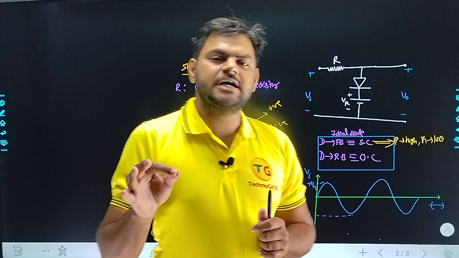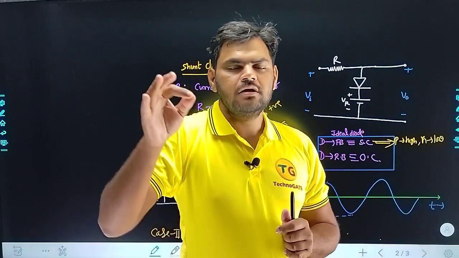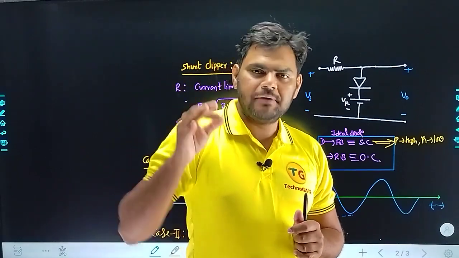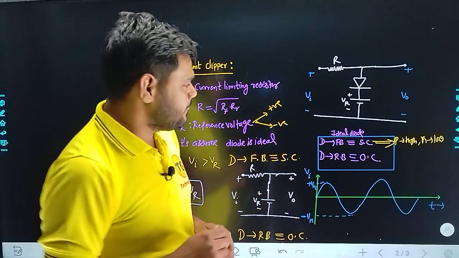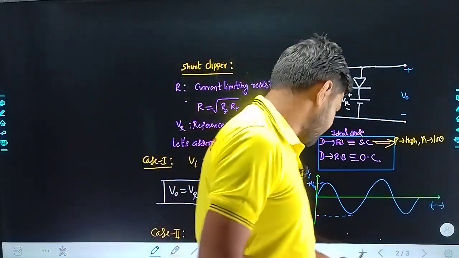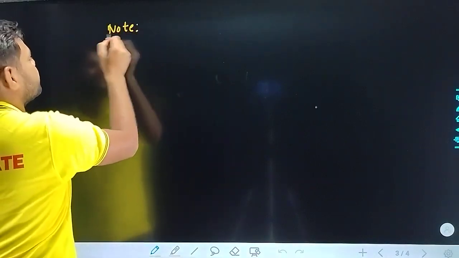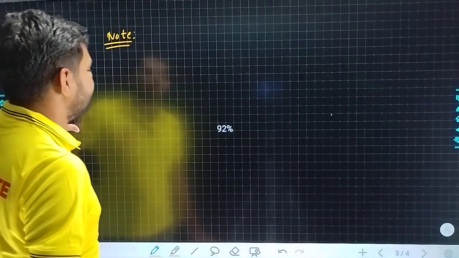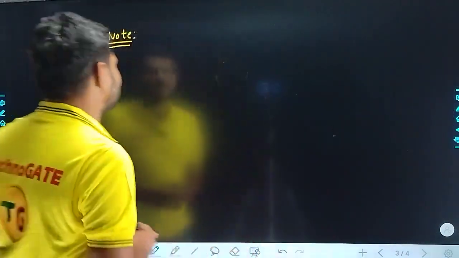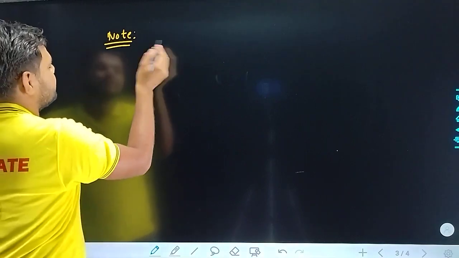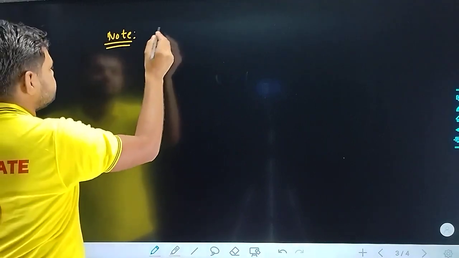Basically, we will replace the diode with an ideal diode plus V gamma battery. So write a note point over here. That note point will give clarity to you, and by solving numericals you will become comfortable with this analysis. So let's write a note point over here. What was that note point?